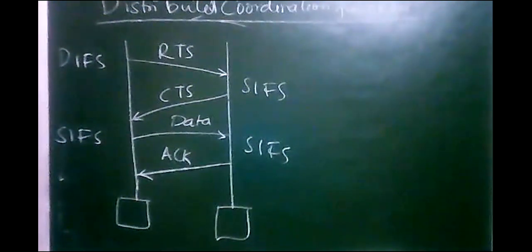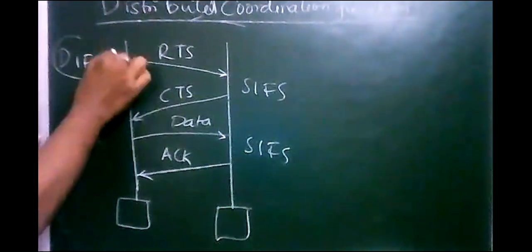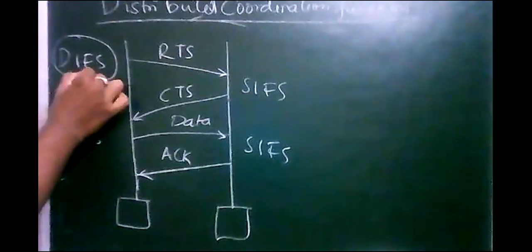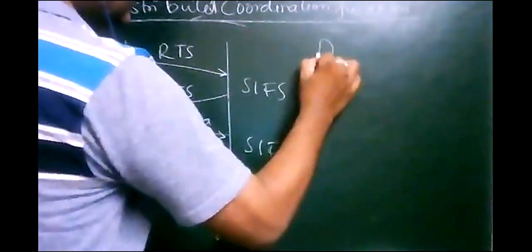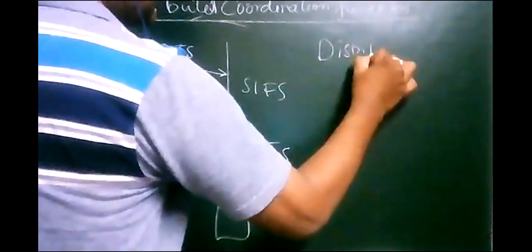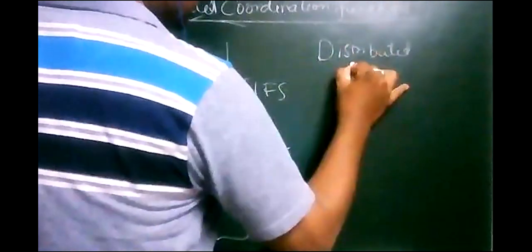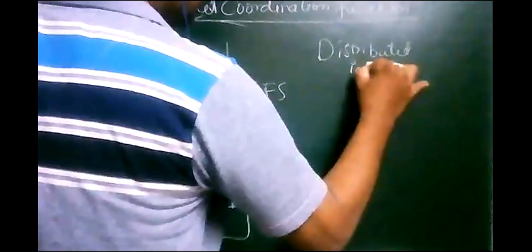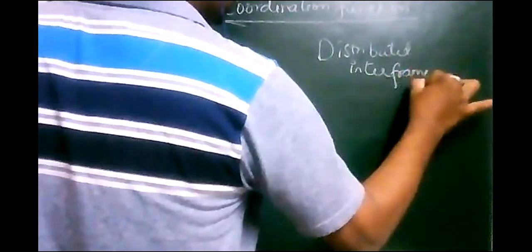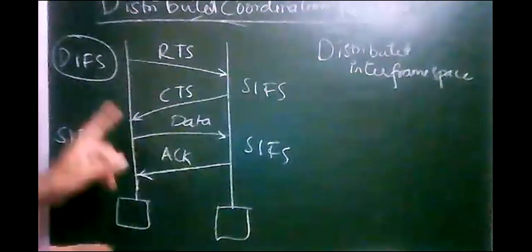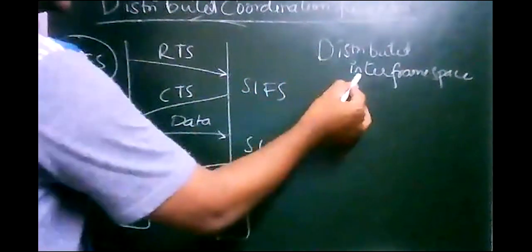after the station is found idle, the station waits for a period of time. The time is called distributed interframe space. This is called DIFS, the distributed interframe space.